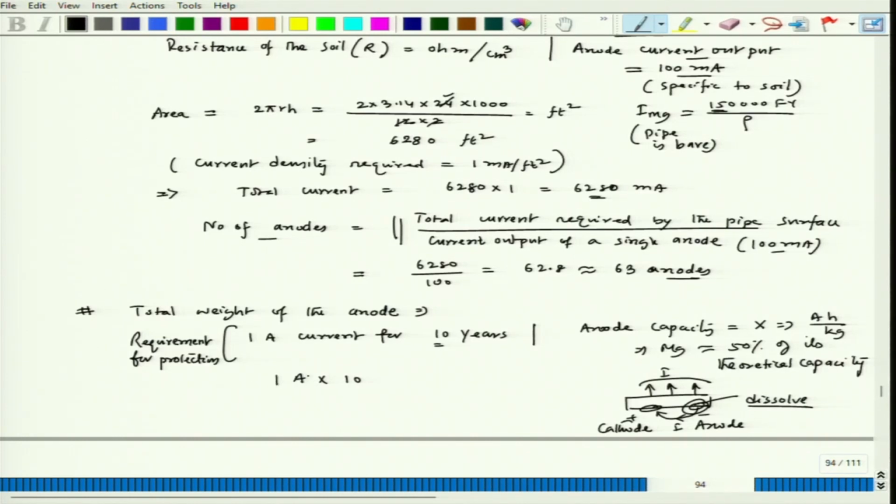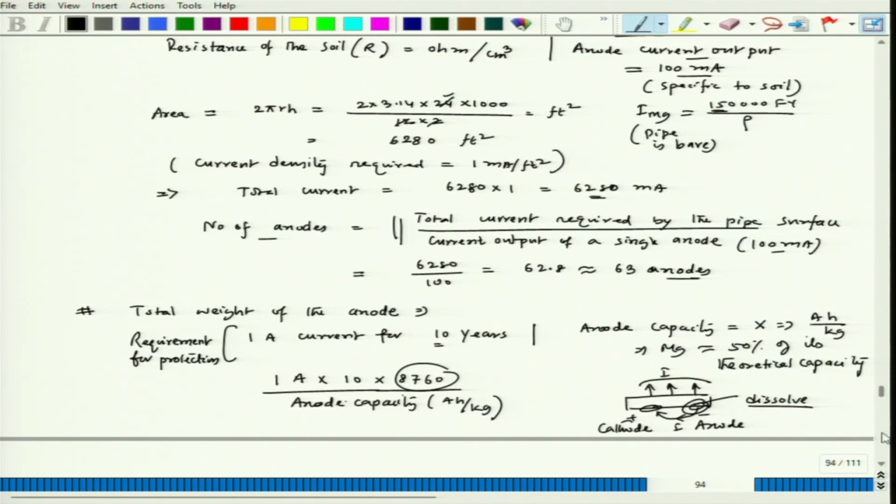We are saying that 1 ampere current should flow, and then divided by the anode capacity, which is in terms of ampere hour per kg, and then we also have to multiply with one factor, 8760.